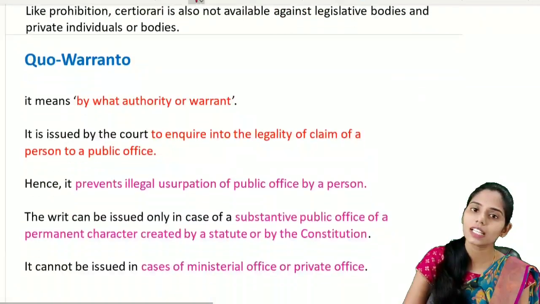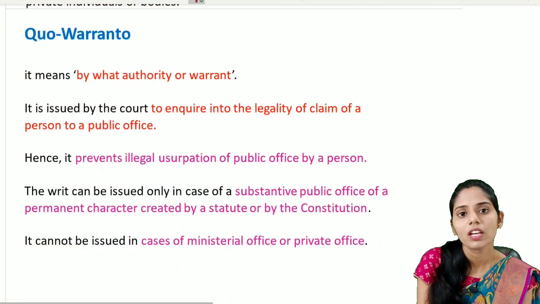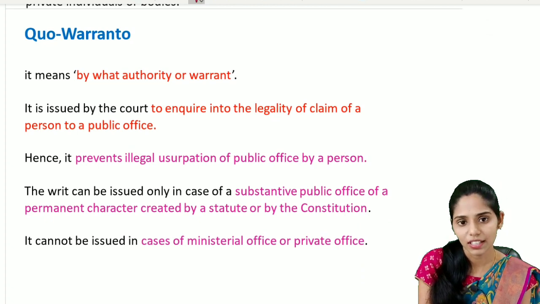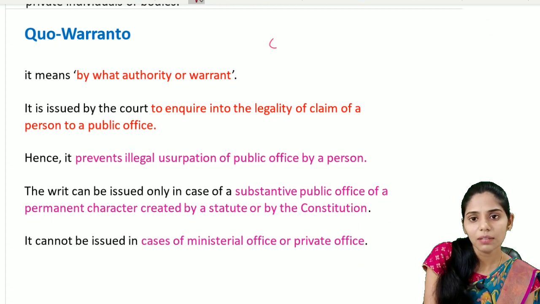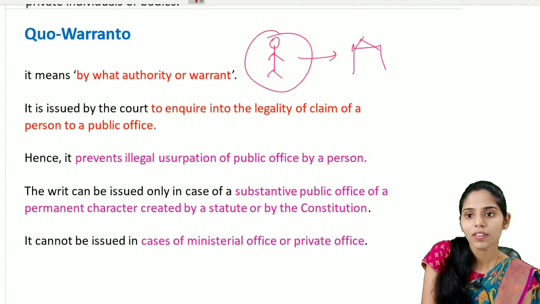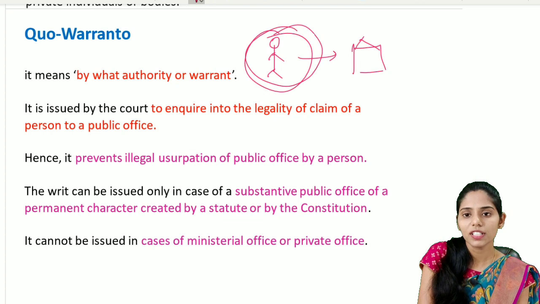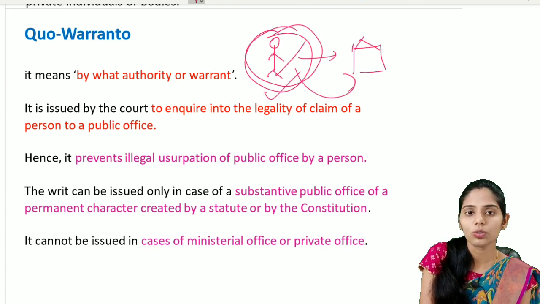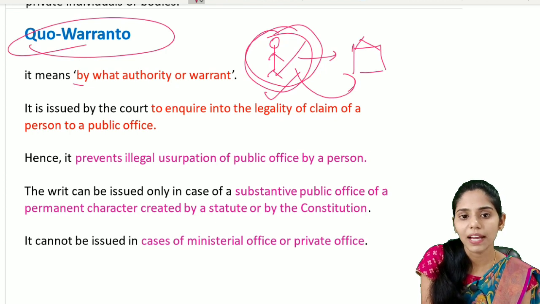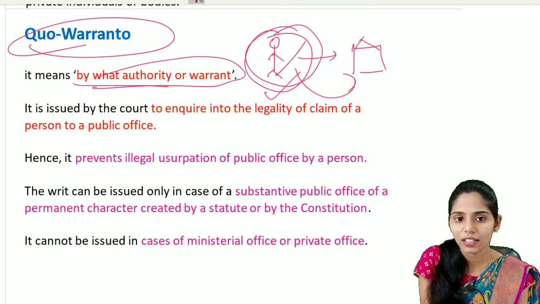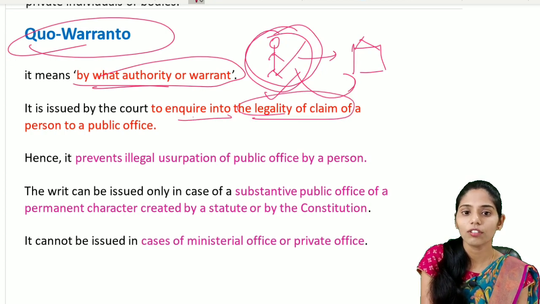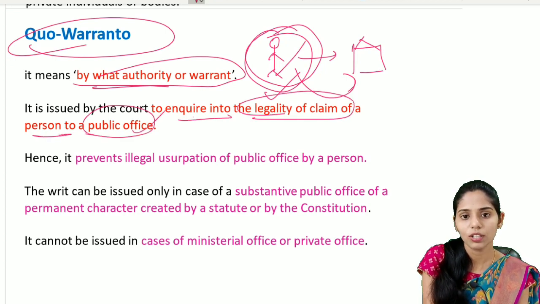Let us see the next important one, that is quo warranto. Quo warranto simply means by what authority or warrant. If any public officer joins a public office, whether this officer has the right to enter into this job or not is examined by quo warranto. It is mainly issued by the court to inquire into the legality of the claim of a person to a public office.